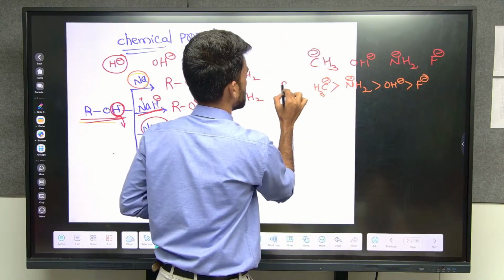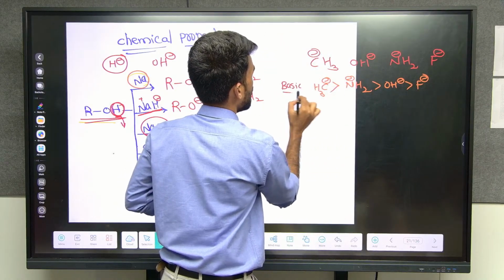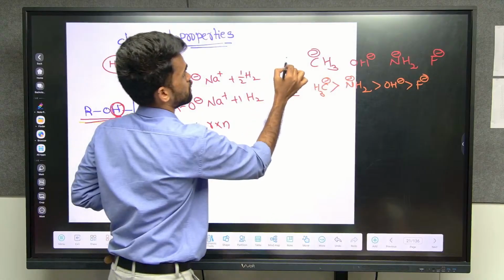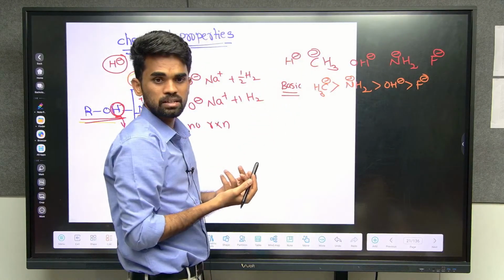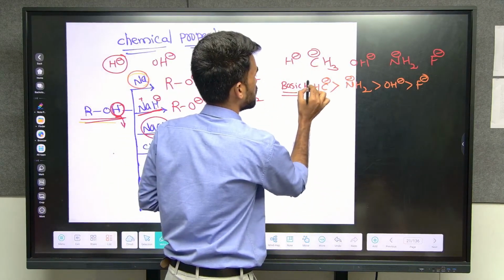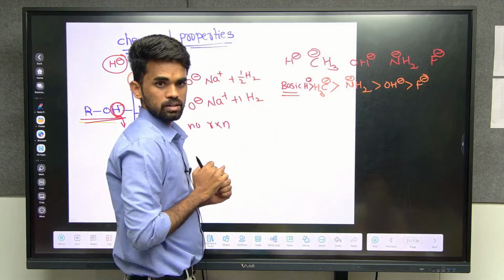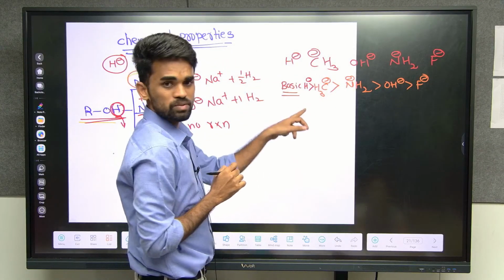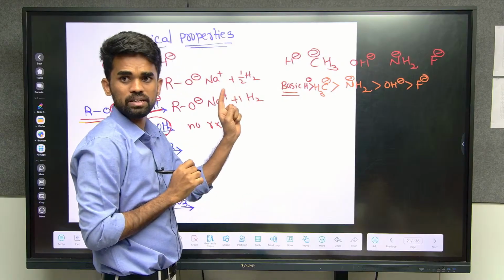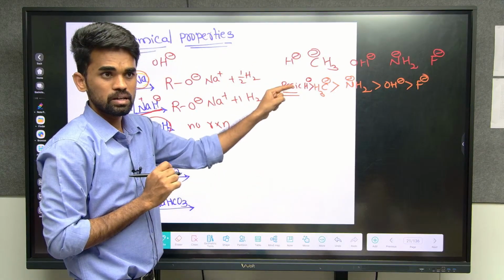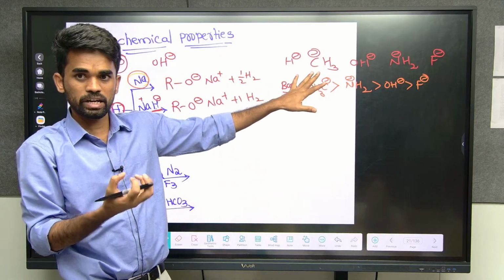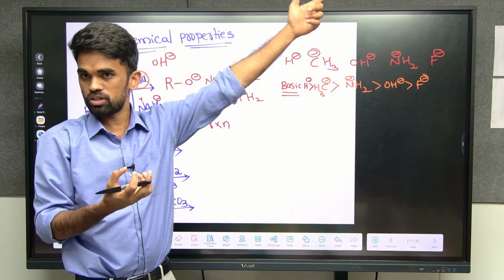This is the basic nature order. Okay, and here what I have included, H minus. Now which is least basic? So definitely here H minus. The highest basic is which one? H minus. Clear everyone? Clear or not this one? What I told you: least electronegative, more negative charge. Okay.